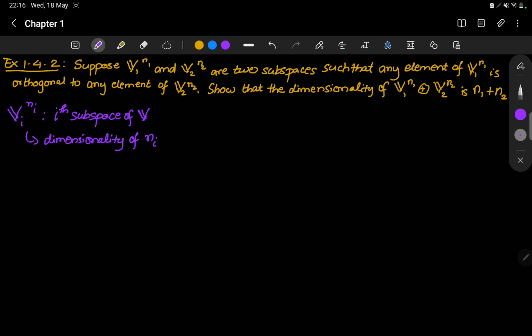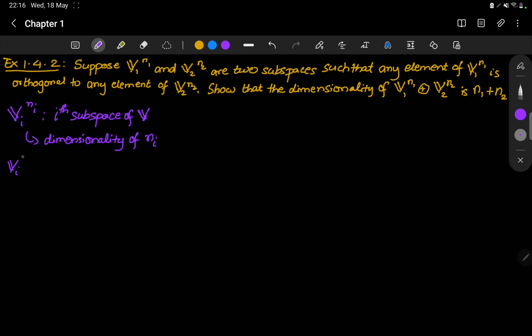Also, we need to see what this kind of a sum notation means. We are basically right now defining this special kind of sum of vector space.